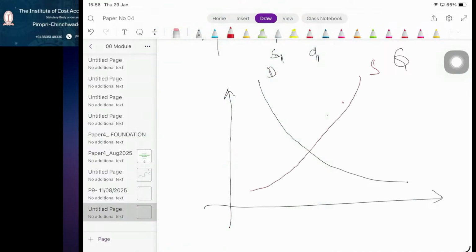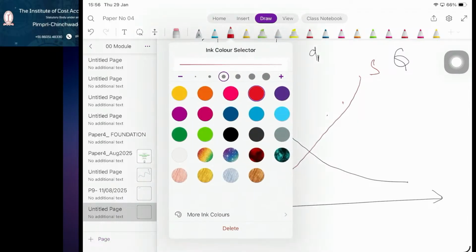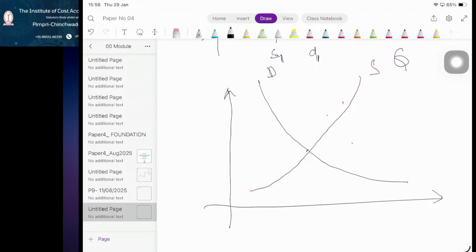Demand is downward sloping, supply is upward sloping. The equilibrium is reached only when the quantity demanded is equal to quantity supplied. So this is P dash and this quantity is Q dash.